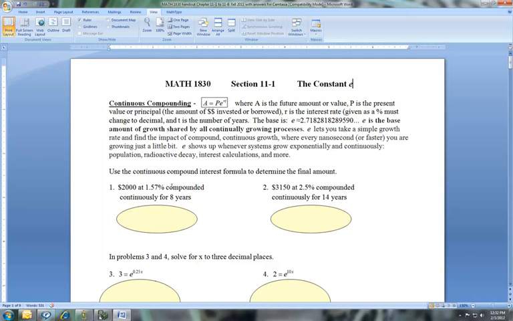You have to have these words compounded continuously in order to apply that formula. So first thing normally that I do is I substitute in. So my A is equal to 2,000 times E raised to, notice that has been changed to decimal form, times 8.